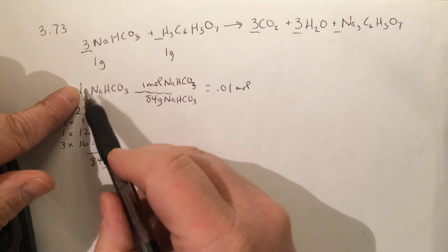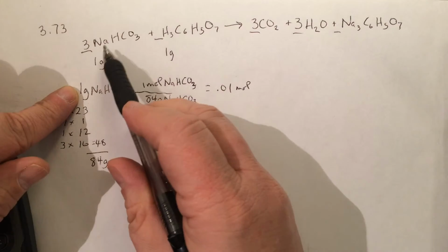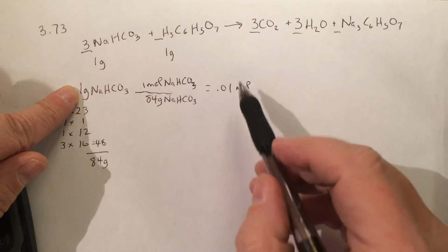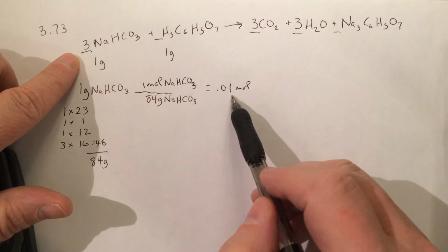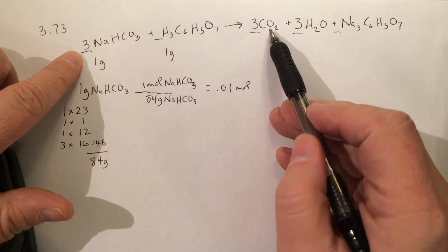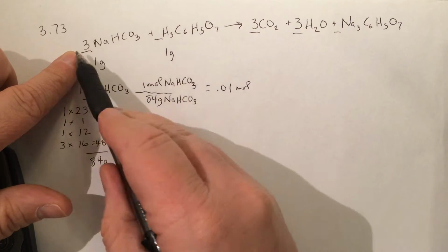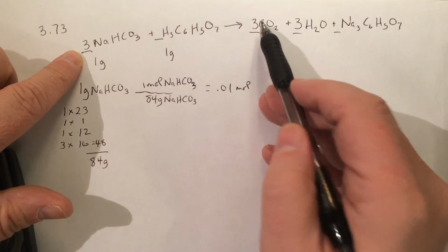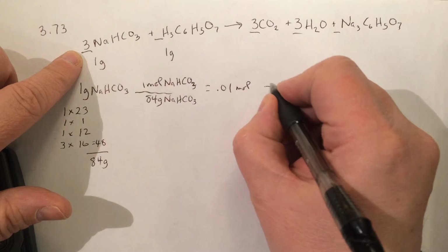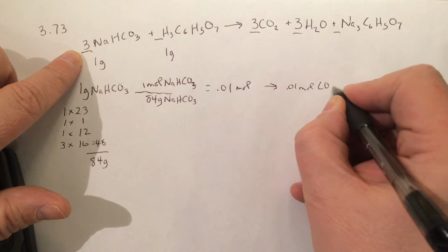So if I have 1 gram of the sodium bicarbonate, okay, baking soda, so that's 0.01 moles of this, how much carbon dioxide can I make? Well, it's a 3 to 3, so it's a 0.01 to 0.01. So that means that I would make 0.01 moles of the carbon dioxide.